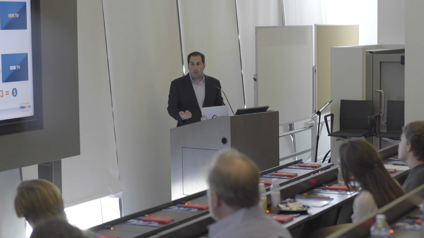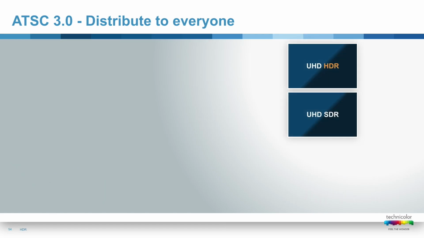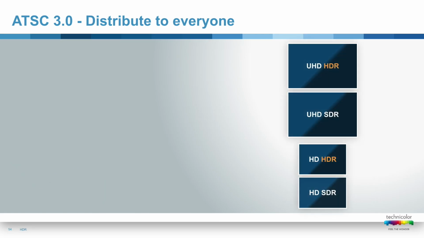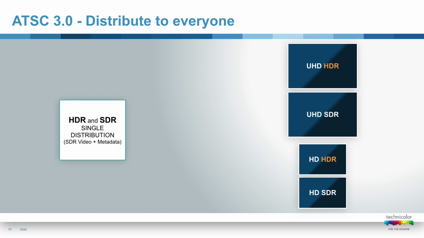And we talked a little bit about ATSC 3.0. ATSC 3.0 is focused on, well, I have UHD HDR TVs, UHD SDR TVs, HD HDR TVs, and HD SDR TVs that I'm going to be broadcasting to. How do I get one signal to do all of that?